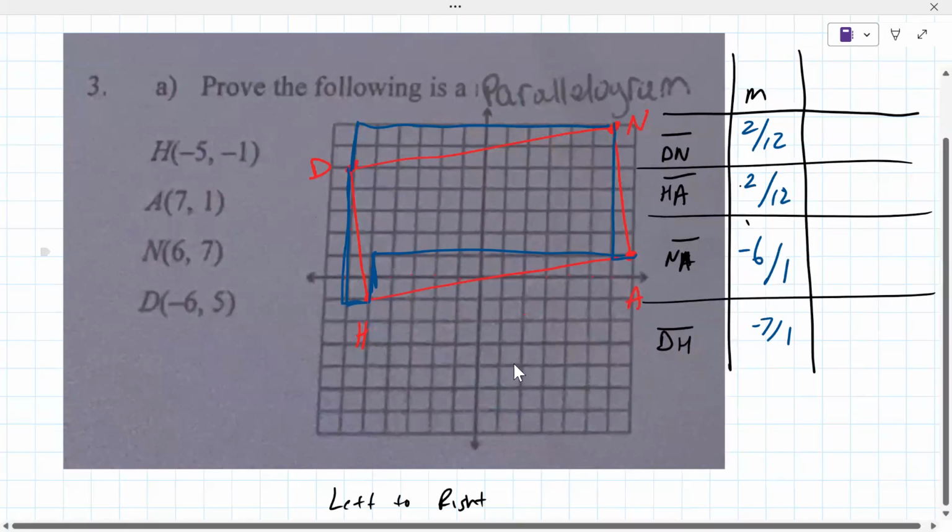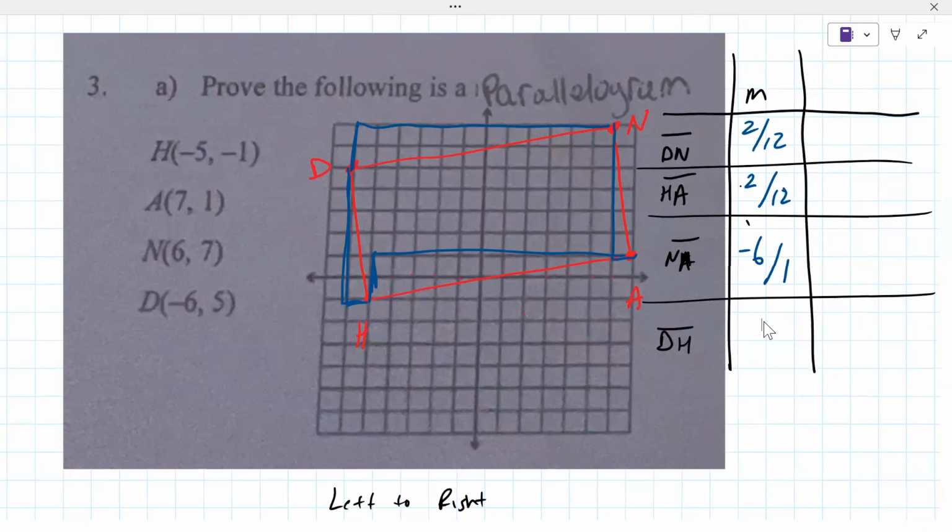All right, so go back to D to H and double check that that is the correct amount. D to H. Yeah, it should be -6 and 1. It's down 6 and right 1. Oh, it was -7. Oh, okay.